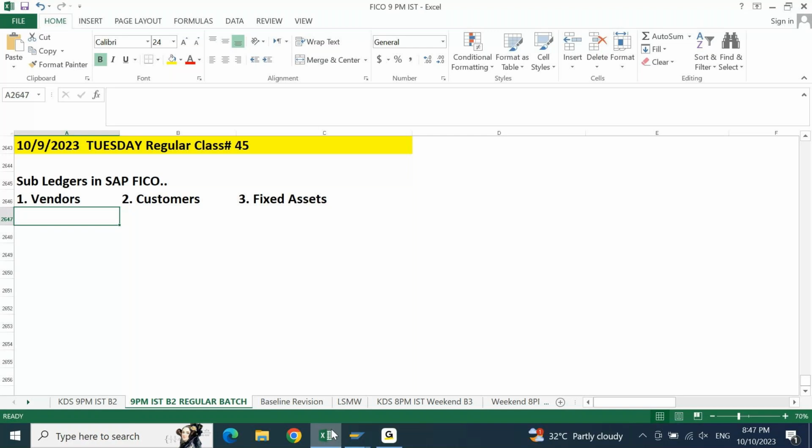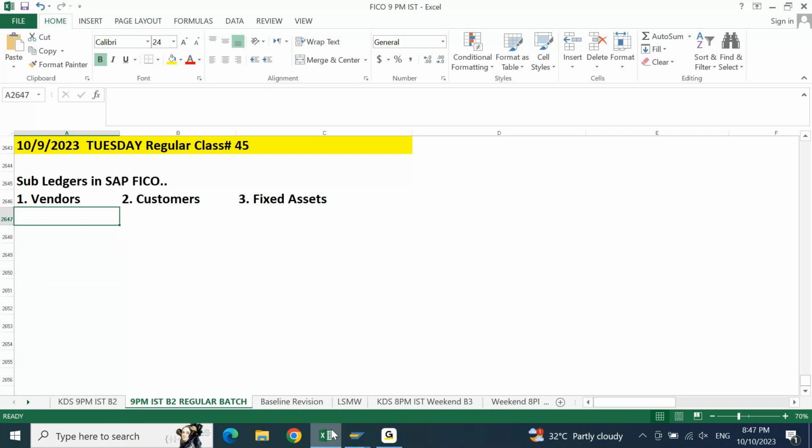So far, we are able to create the GL account and post an entry to the GL account. When you're talking about GL account, debit and credit both are GL accounts. That is where we are calling it GL module or GL accounting.